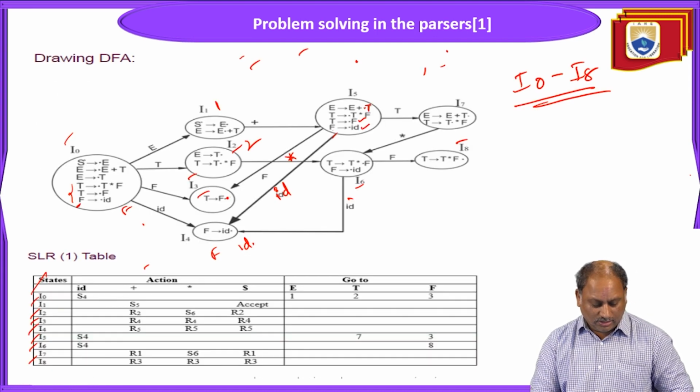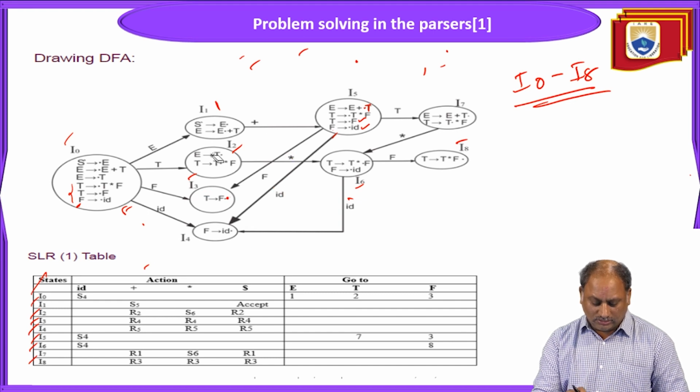And then we have to compute the two sections, that is the action part and the goto part. Previously also we have computed the closures with corresponding labels. For example, this is the state I naught, and in this example, capital E, capital T, capital F, ID.